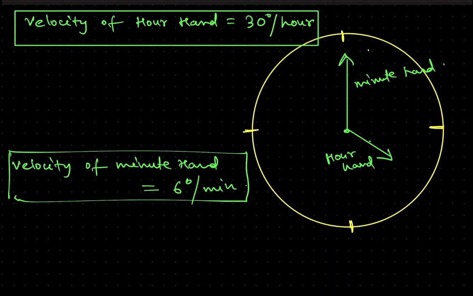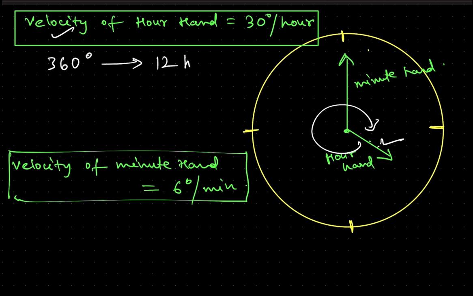So we will derive this to further make a formula for our questions. We know that an hour hand makes a 360-degree rotation in how much time? It takes 12 hours to rotate 360 degrees. So in 1 hour, how much will it rotate? 360 by 12, that is 30 degrees.